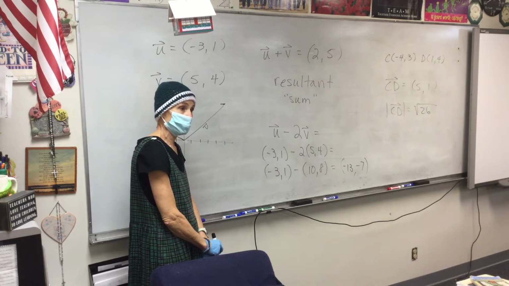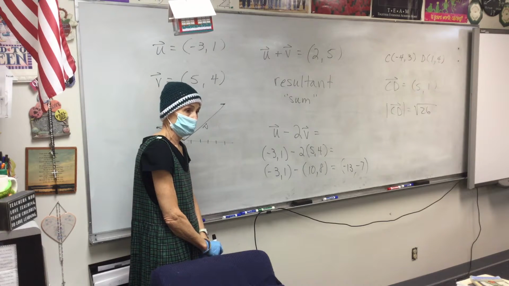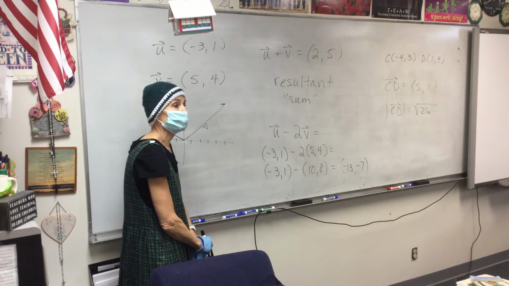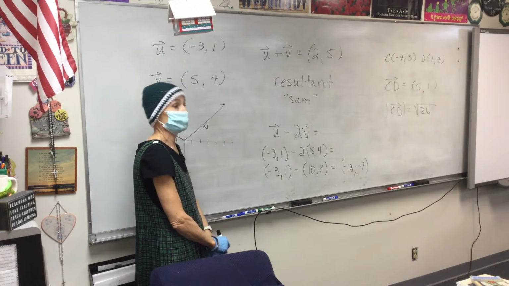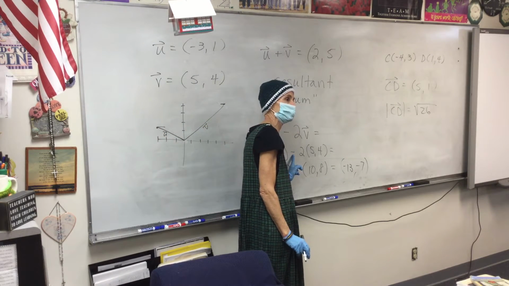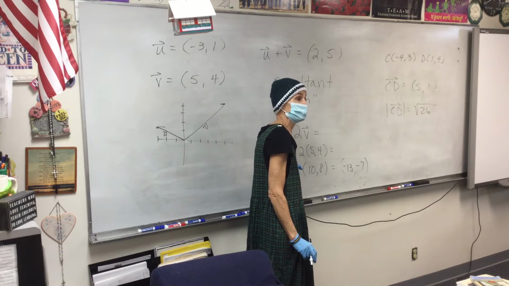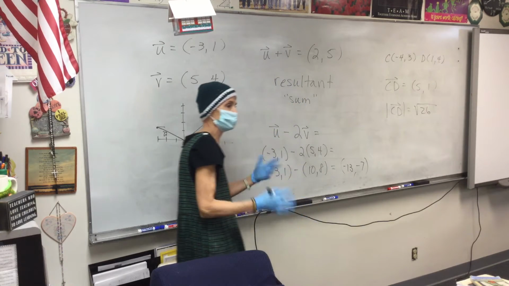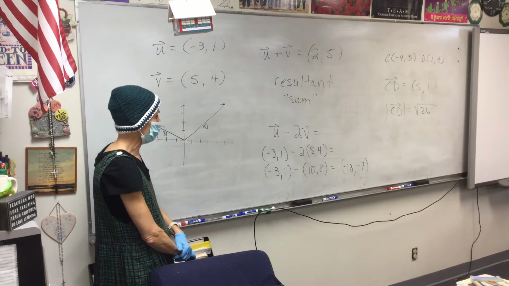We added the x's and added the y's. How do we subtract? Subtract the x's and subtract the y's. Same thing. Jamie? Yes. Because technically, Jamie, subtraction is nothing more than adding the opposite. So this is an addition problem too. Subtraction is just addition with a negative.